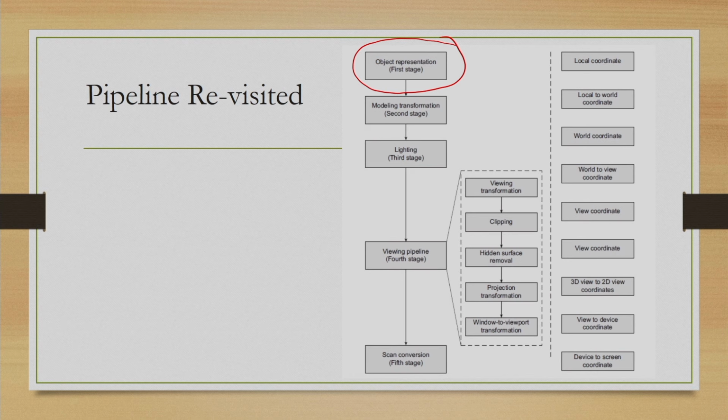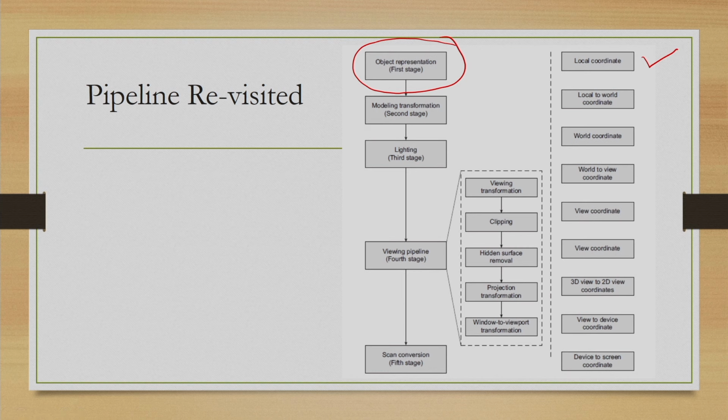In other words, in this stage we essentially try to represent the objects that will constitute the scene. Now, the objects that are represented are defined in their local coordinate system.